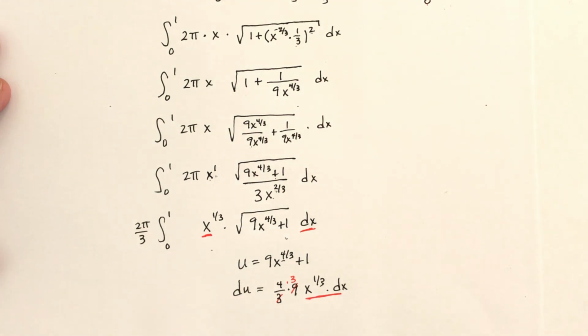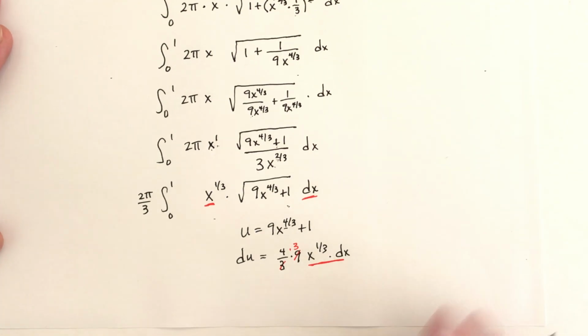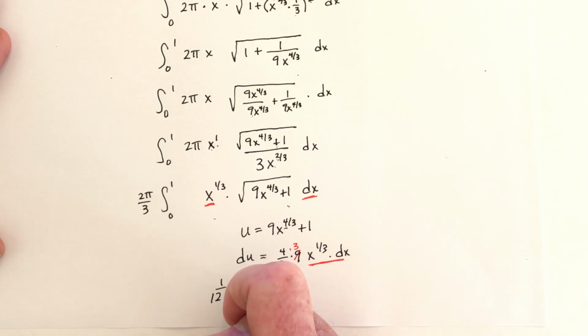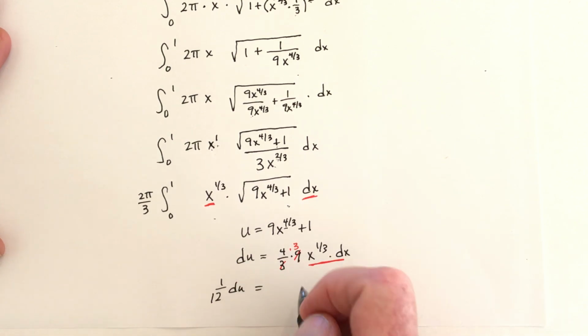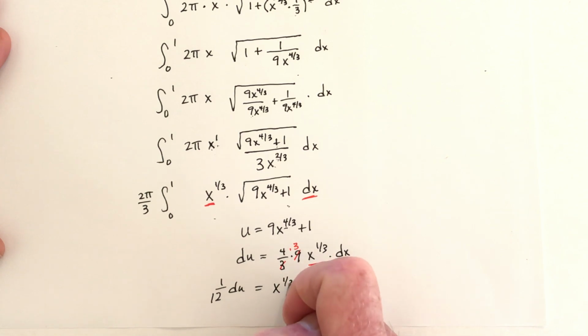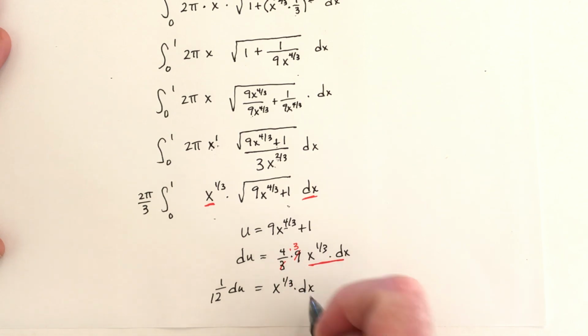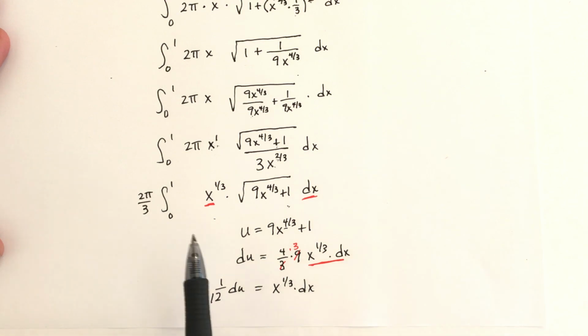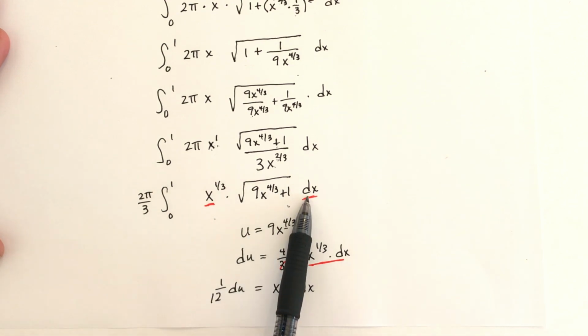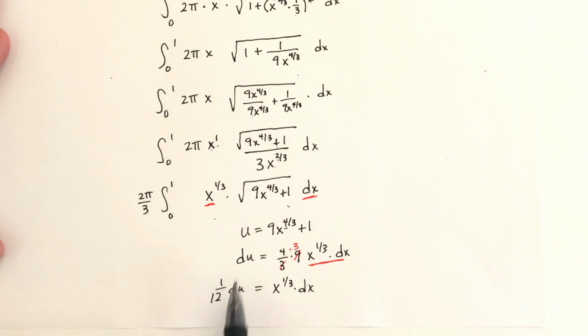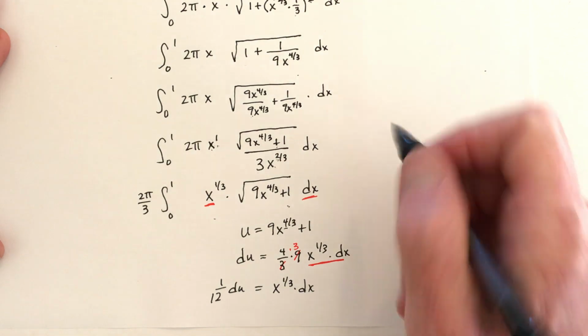So multiply both sides by 1/12. So we'll have 1/12 du is equal to the x to the 1/3 times dx. So the x to the 1/3 and the dx are going to get replaced with just this 1/12 du. And then this is going to get replaced with u, leaving only the square root of u.